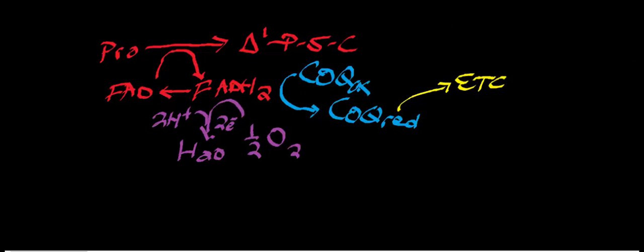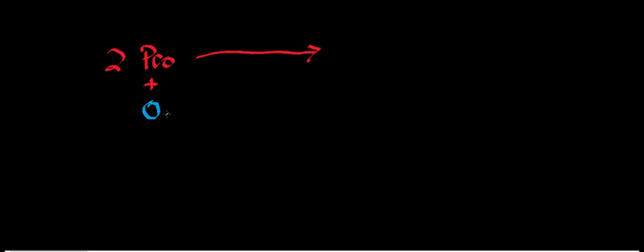But a better way to view this reaction is like this. Instead of having a 1/2 as a coefficient, we can instead say, let's say we have 2 prolines, plus 1 molecular oxygen. And by the way, this is going to be a 4 electron transfer process.